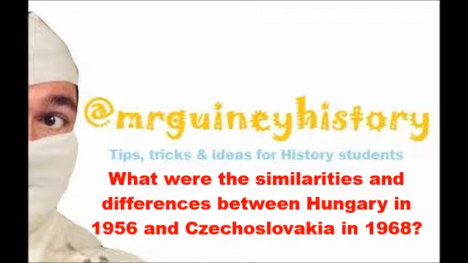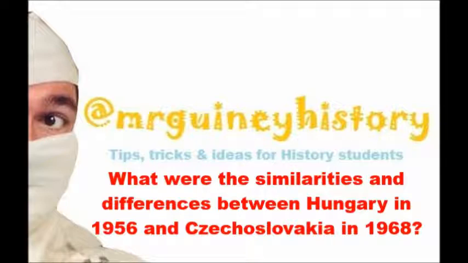This policy or doctrine was only abandoned in 1989 by Mikhail Gorbachev. And so, in explaining this point, you may wish to argue that it wasn't until Czechoslovakia that the consequences led to the Brezhnev Doctrine.